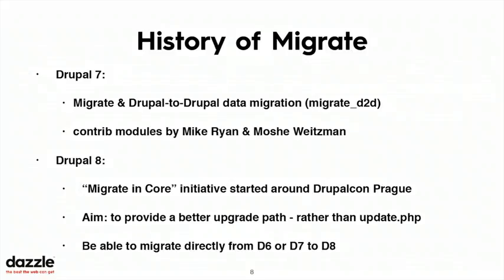It was decided that we should have a better system in Drupal 8 to do upgrades, and then people started looking into getting the migrate concepts from Drupal 7 into Drupal 8 to provide a more robust upgrade path that can be more easily tested and performed in phases if necessary. And it allows you to migrate directly from Drupal 6 to Drupal 8, which is also a great thing. Otherwise, you would have to go to Drupal 7 first if you are running your old Drupal 6 website still, which would be quite a pain.